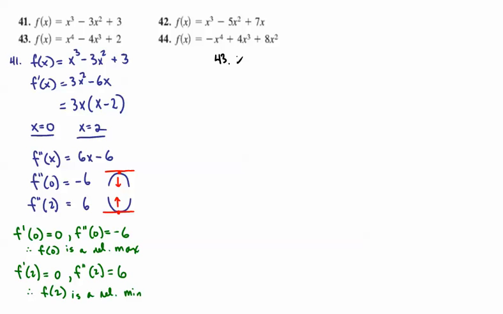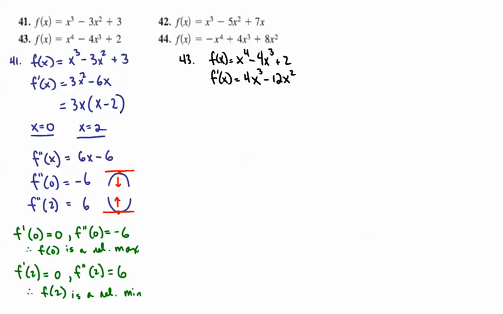We have x to the 4th minus 4x cubed plus 2, and that's f of x. Alright, so then we'll find the first derivative. The first derivative is 4x to the 3rd power minus 12x squared.